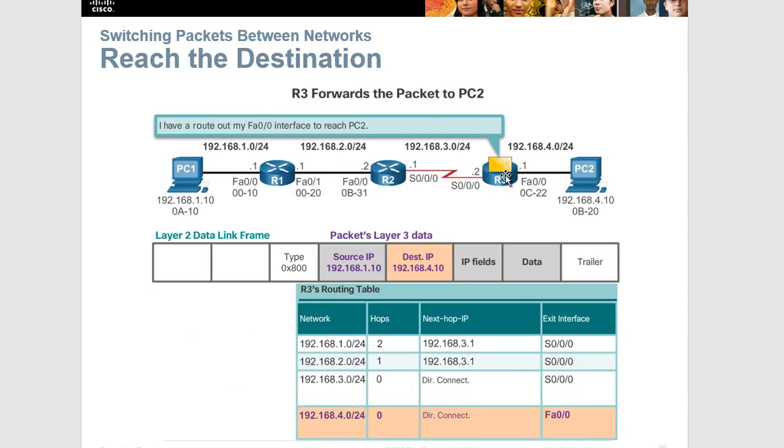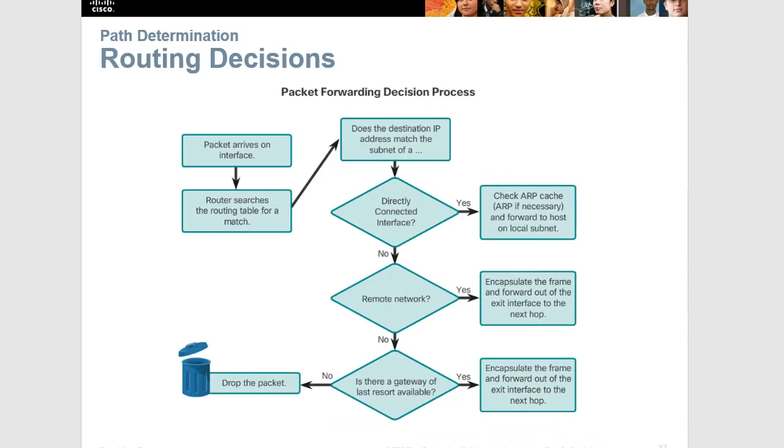Then at R3, it has an entry to reach PC2. Okay, it's directly connected, going out FA0/0, so it's going to go ahead and send that on out. And that was basically the end of that process.